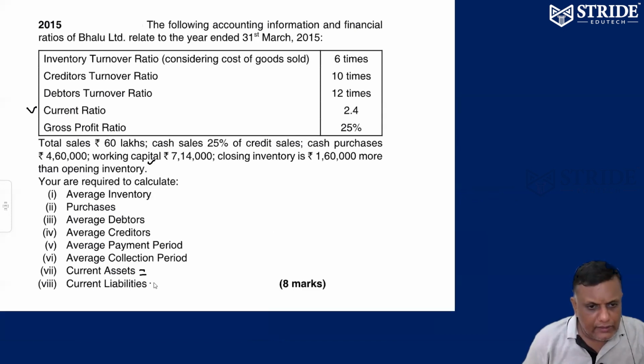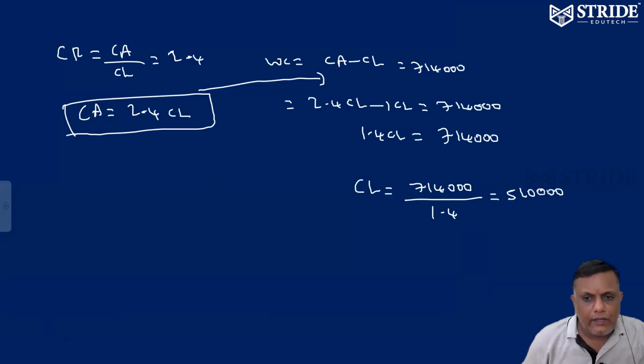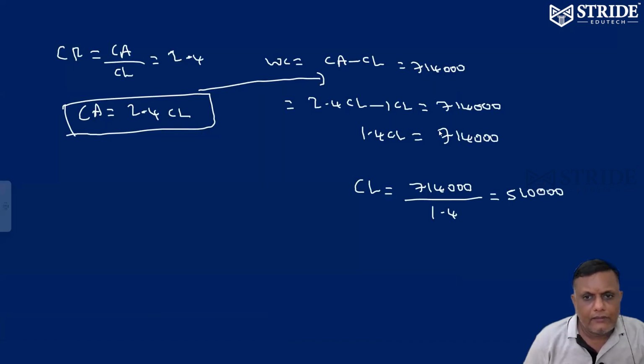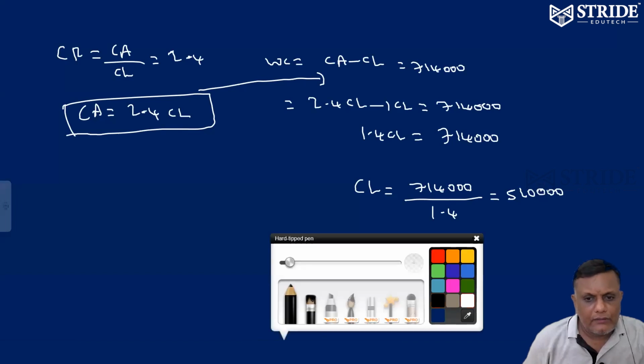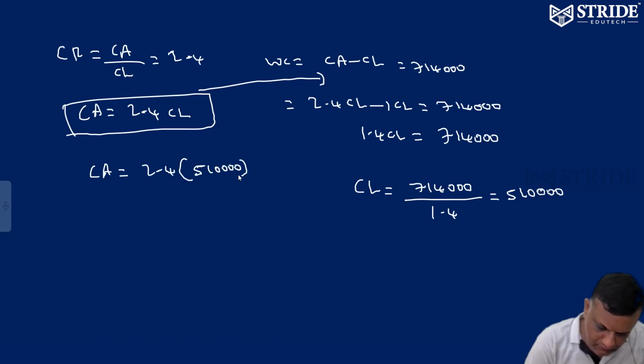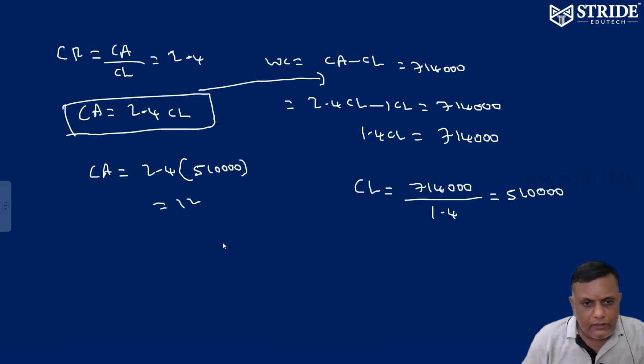So current asset and current liability we can fill. Current liability is 5,10,000. Can you substitute here to get current asset? Current asset equals 2.4 into current liability, 5,10,000 into 2.4. It's going to be 12,24,000.